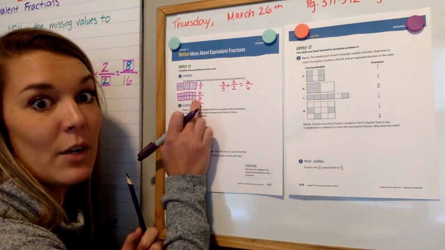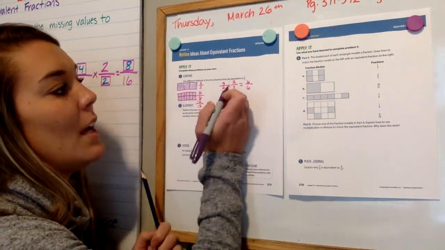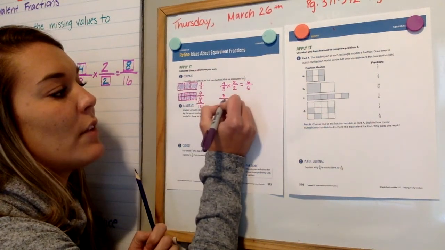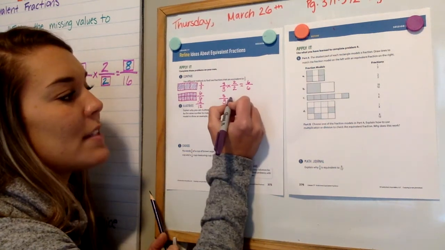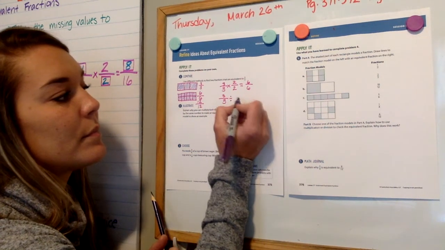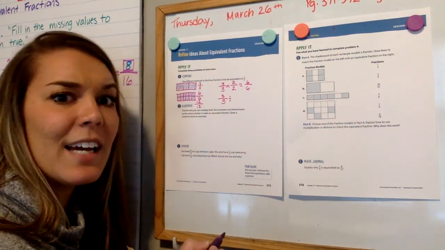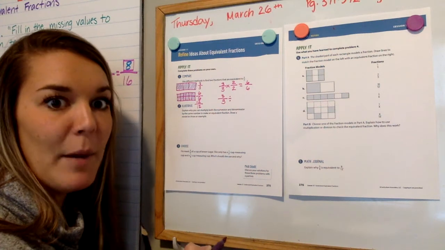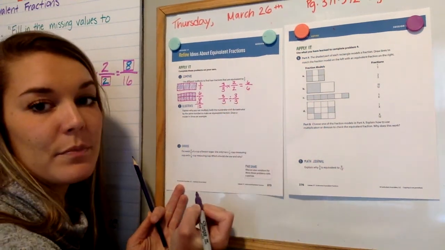Hey, that's kind of funny. We already solved that one, right? I'm noticing a pattern there. Now I need to find one more equivalent fraction with this type of strategy. I'm going to divide this time. What number can go into both 3 and 3? How about 3? 3 over 3.